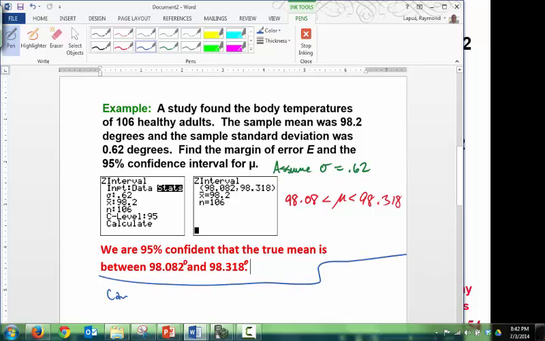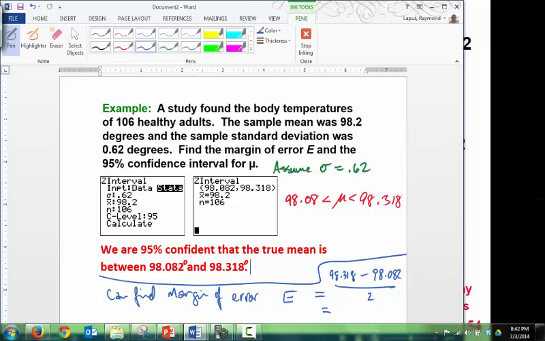So we can find the margin of error just the same way we did before, by taking the difference, 98.318 minus 98.082, divided by 2.